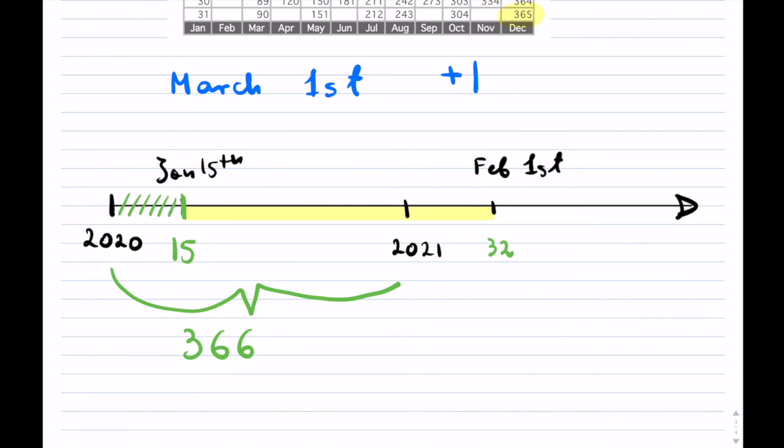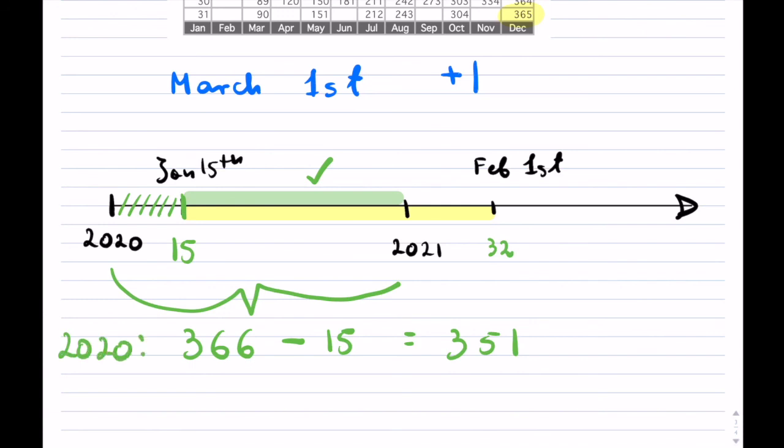The only days that will count are these ones right here, which means you can take in total 366 days minus the 15 days, starting from the beginning, and that will tell you how many days there are in 2020 that you should count. 366 minus 15 is 351. So there's 351 days in 2020.